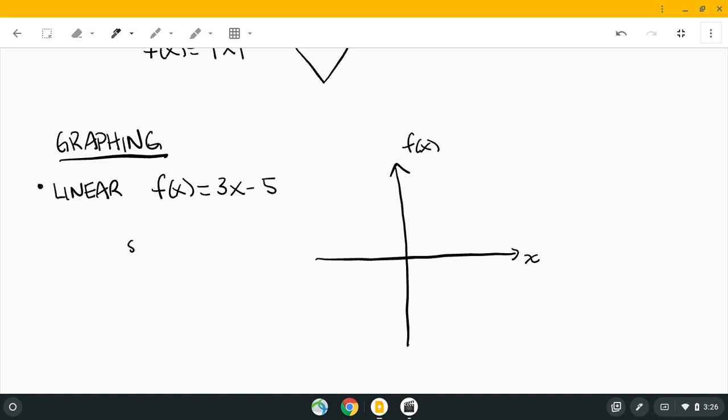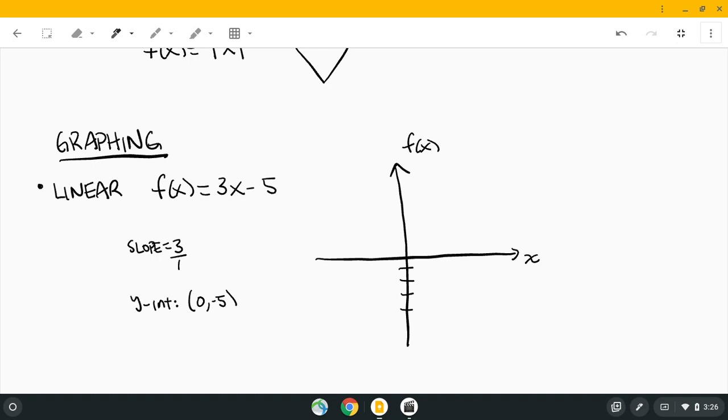Just by looking at this, our slope is 3 over 1. And our y-intercept is (0, -5). When x is 0, we get -5. You don't have to write them down. You should be able to do this without having to make a table.